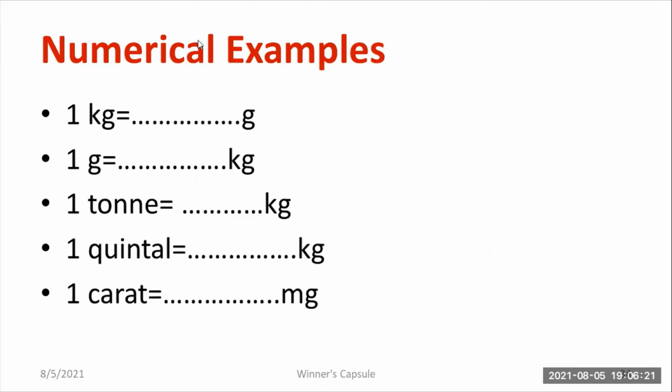Okay, this is most important, and please note down. So 1 kg is 1000 grams. You must have studied this in lower classes also. Anyway, you have to recall it while solving numerical problems. 1 gram is equal to how many kg? 1 gram is 1 by 1000 kg. Or else I can write 1 into 10 to the power minus 3 kg.